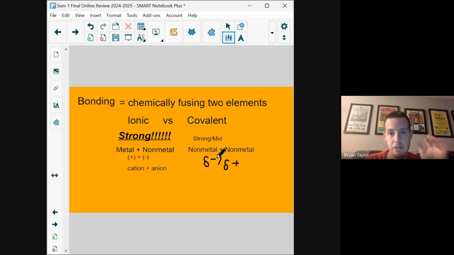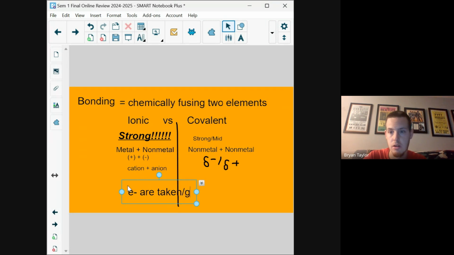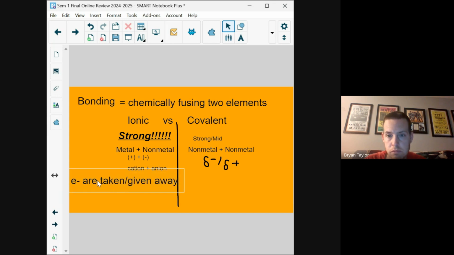Essentially, this is what it comes down to with bonding. And again, the main takeaway, because of all this, electrons are taken or given away. Again, I'm going to write it because you guys have seen it before.